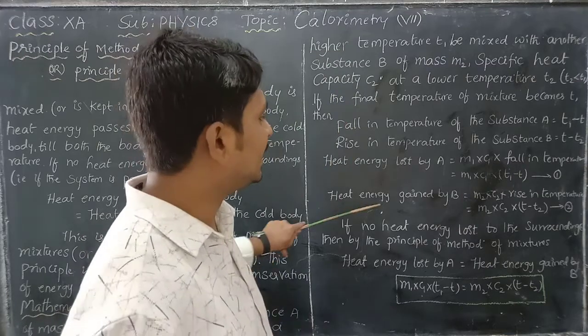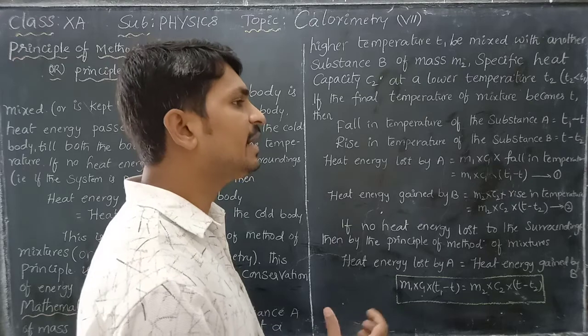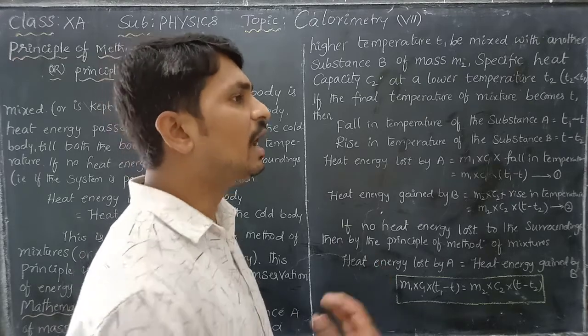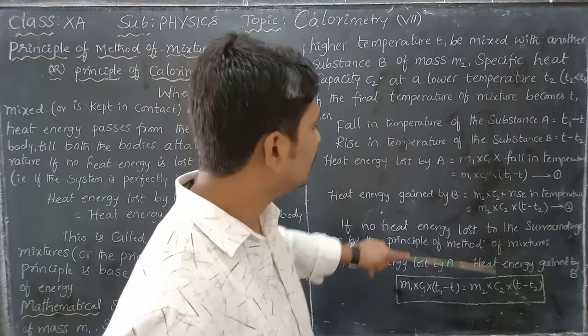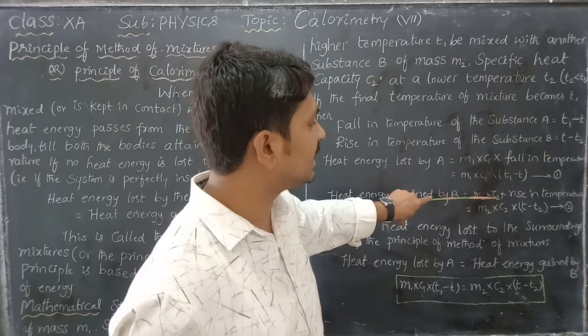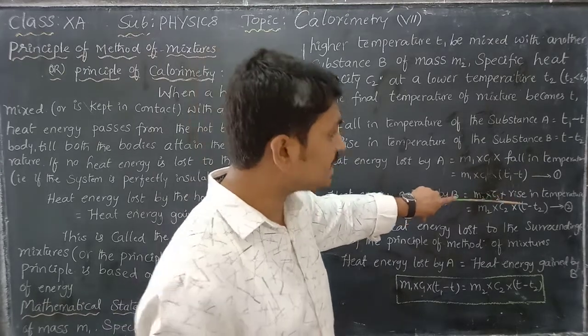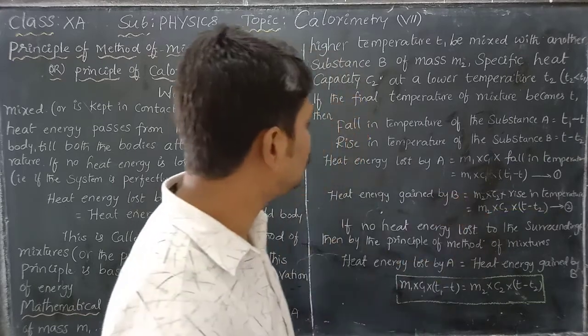Next, heat energy gained by body B. Because body B is at a lower temperature, after mixing it receives heat energy from body A. The same formula: M2, the mass of the second body, into C2, its specific heat capacity, into the rising temperature T minus T2. Call it equation number 2.